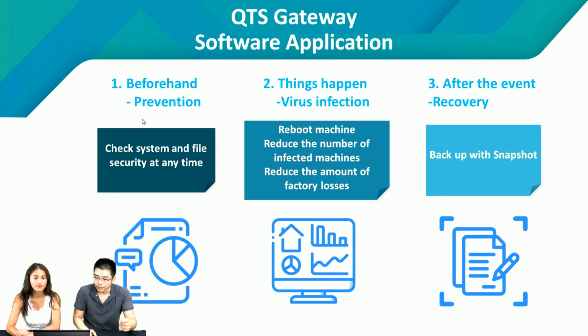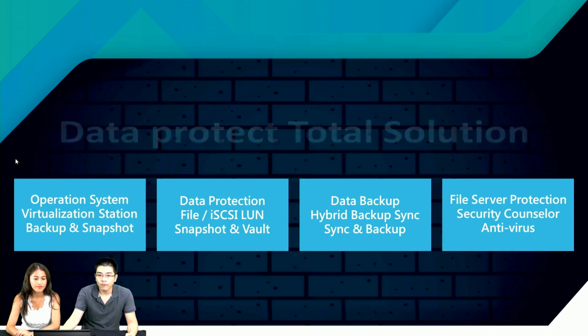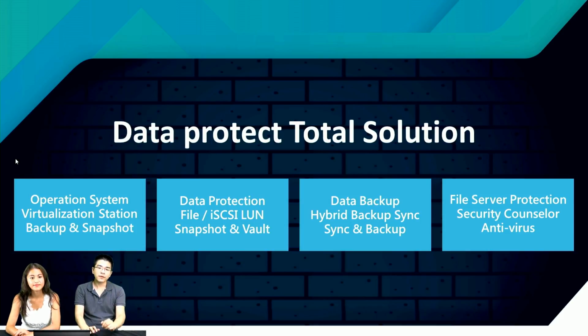So I will basically make it four parts. The first part, I will introduce what our Virtualization Station is. That is an app that you can download in the QTS operating system. And then we will tell you the data protection part, where we have Snapshot and Snapshot Vault.